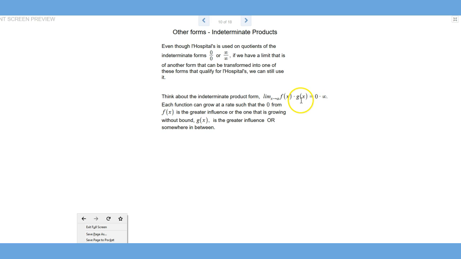If g of x is going to infinity faster, then f of x is going to 0, this could be going to infinity. However, if f of x is going to 0 faster, this could be going to 0. So that's why this is called an indeterminate form. We don't know necessarily which function is going to have the greater influence in the limit.